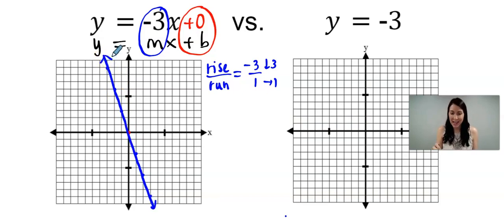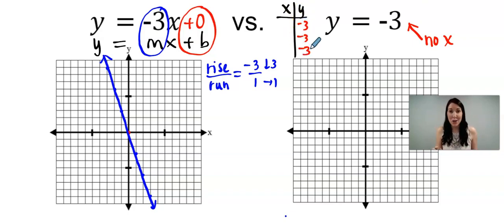Now for y = -3. This is actually not in slope-intercept form because notice that there is no x value. When we only have y equals a number, that means if I were to make a table, every single y value would be -3, -3, -3, no matter what x value I put in.